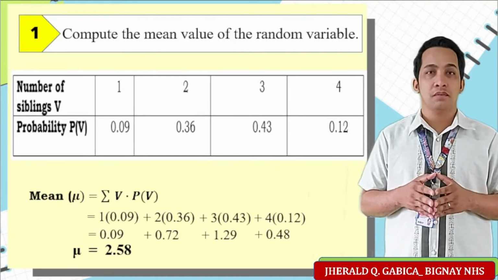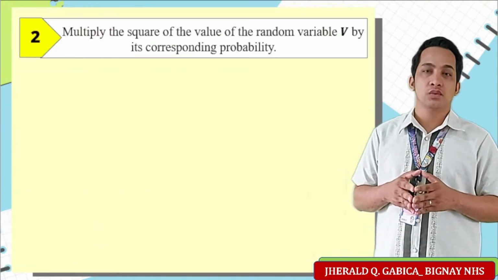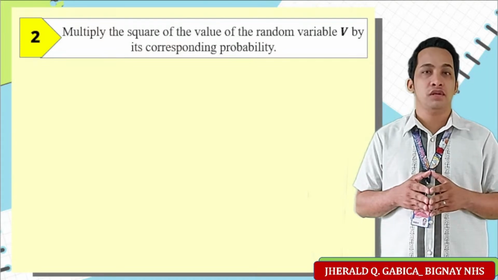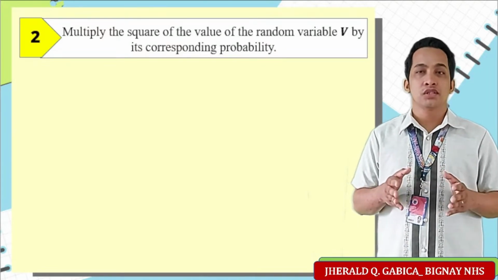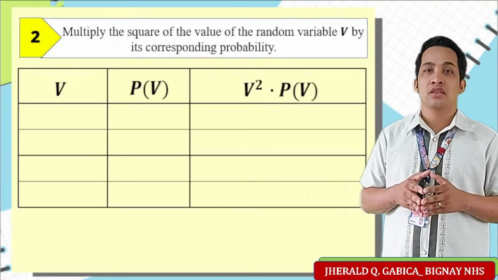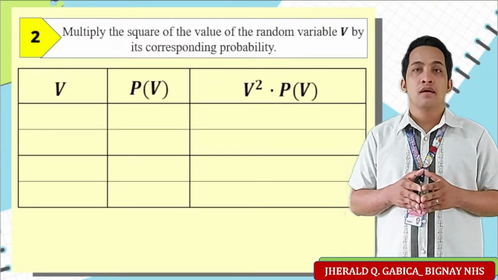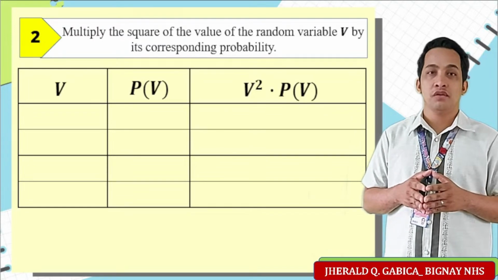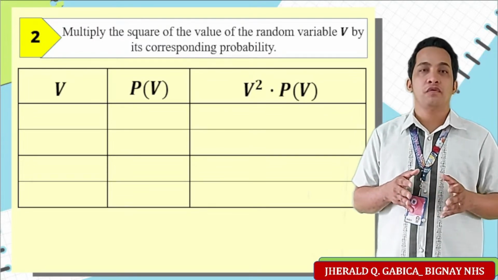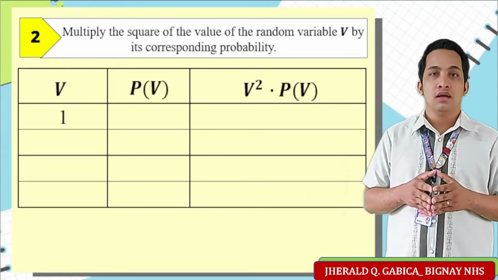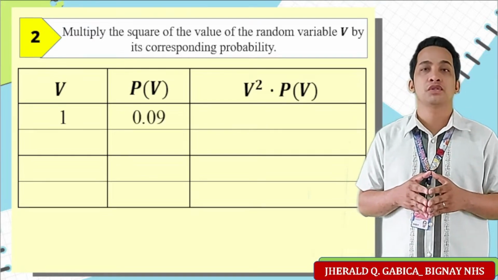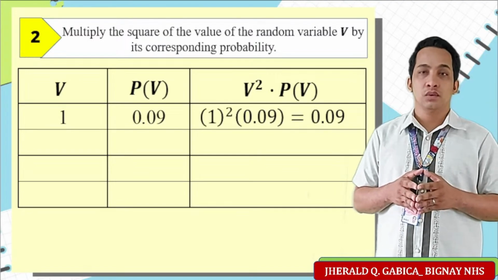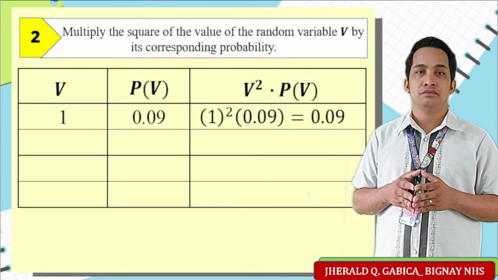For the second step, we multiply the square of the value of the random variable v by its corresponding probability. So using the same table, we will just add another column for v squared times p of v. So for v value of 1, we'll just have 1 squared times the probability of 0.09, that is equal to 0.09.